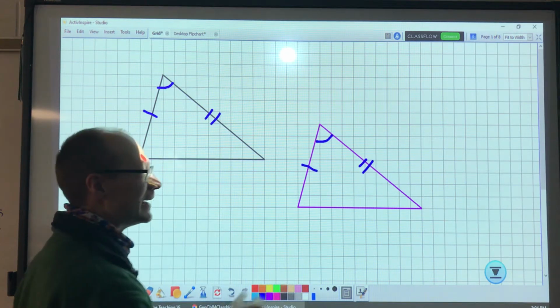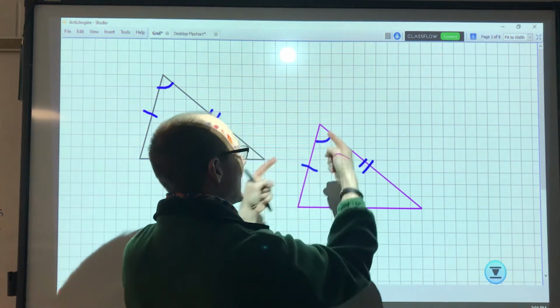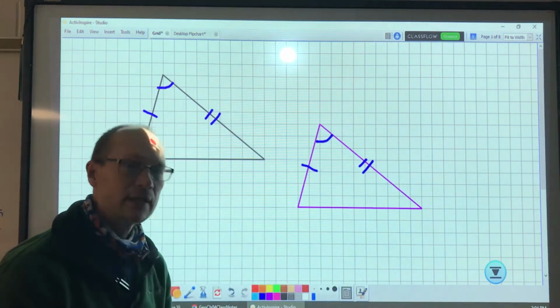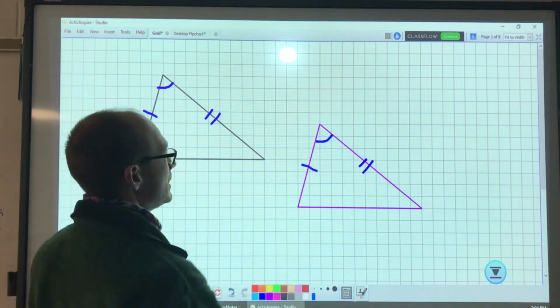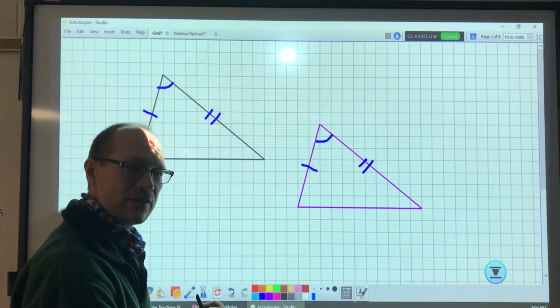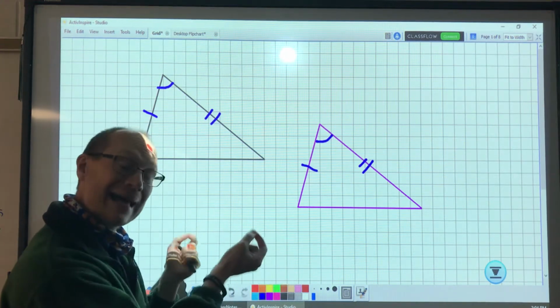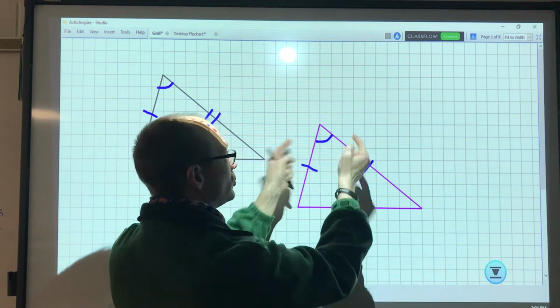I can't, can I? If I take this side right here and stretch it longer, that will stretch that angle out and make those angles different. So again, what I'm looking for is if I know these three pieces of information are the same, does that automatically guarantee the two triangles are the same? And it does. Because if you try to make this side longer, you change the angle.